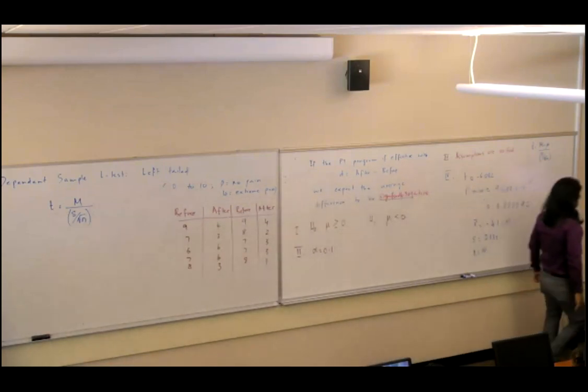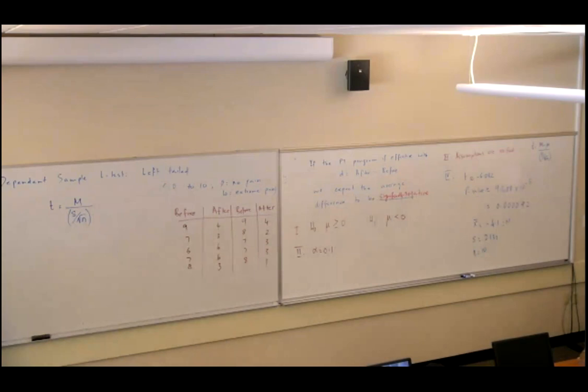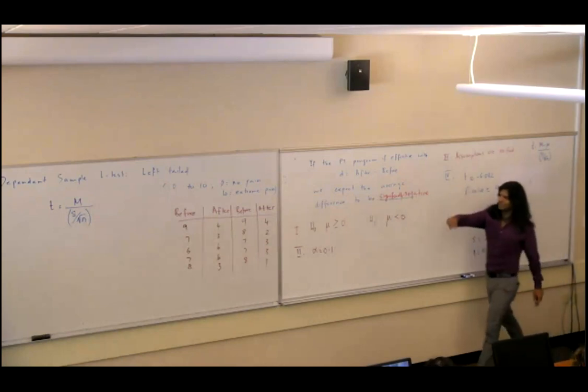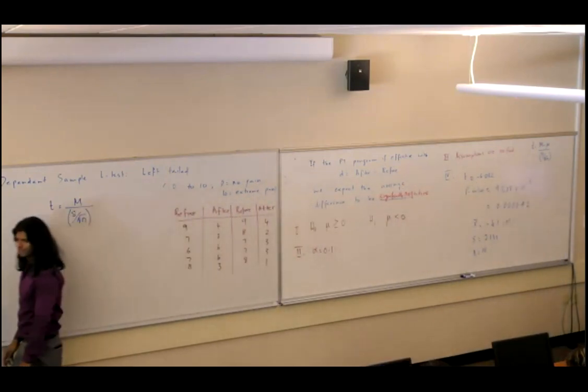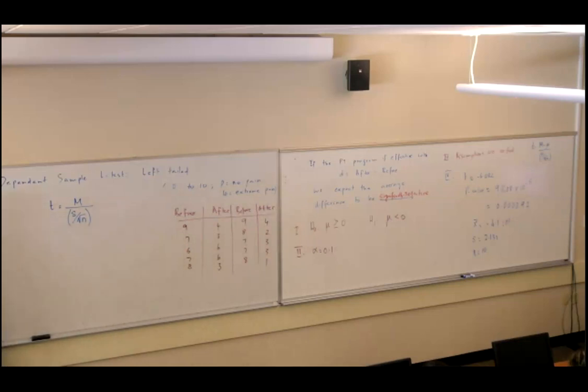Do we know m? Yes. Do we know s? Yes. Do we know n? Yes. 10. Plug it in, and when you put it in your calculator, make sure you put parentheses. What number do you get?